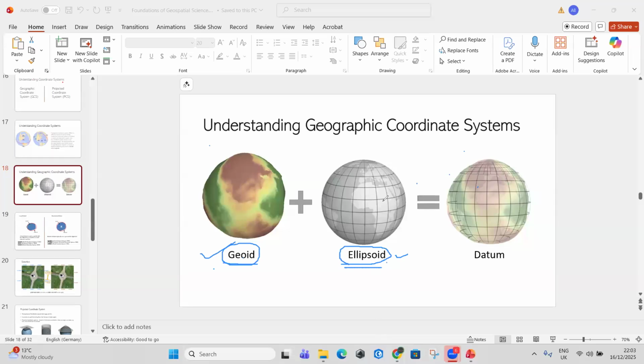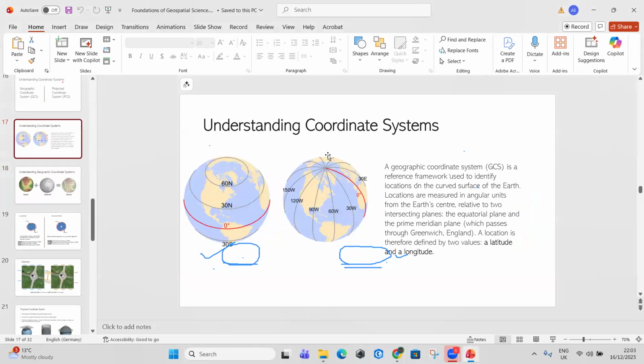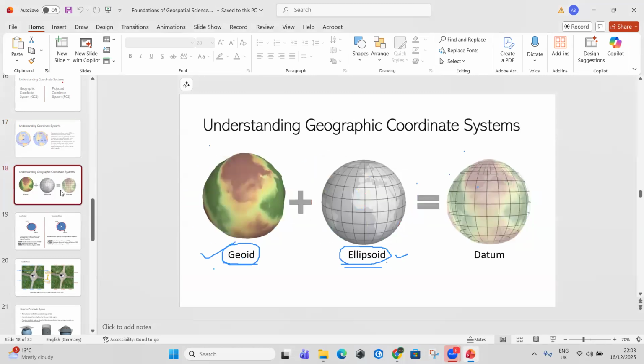It can be anything. Now you have cut this reference model based on this classification, that every 30 degrees you have cut it, and every 30 degrees in this direction you have cut it. So just try to understand. You have a fixed geoid, you add a reference model, and it creates a datum, that is the combination of both. Once you put this on this, the geoid will be cut like this.